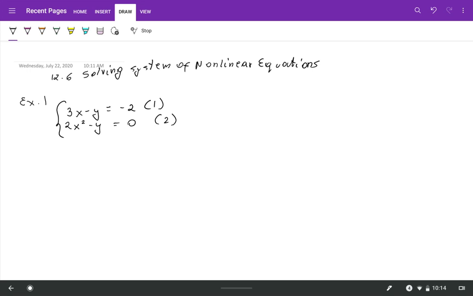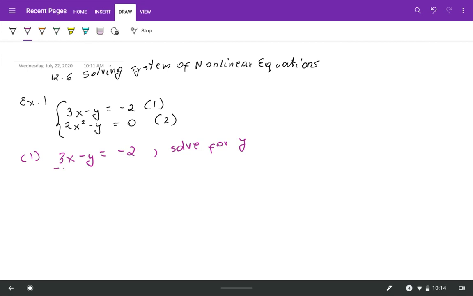Okay, so the substitution method. What we're going to do is start with equation 1, which is 3x minus y equals negative 2, and let's solve this equation for y.